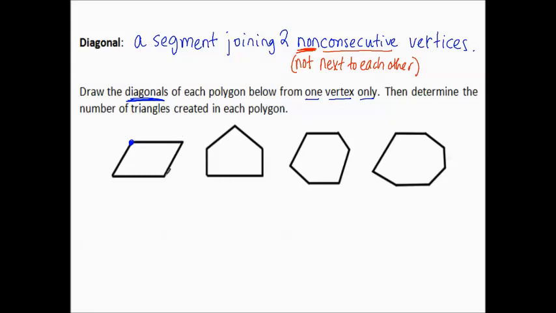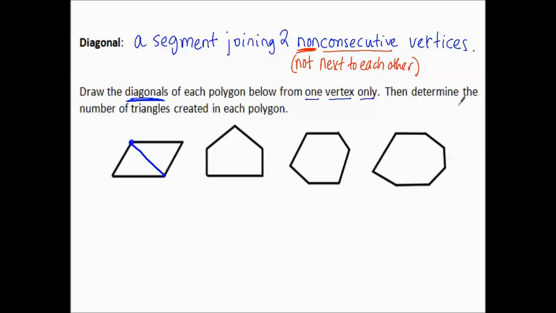Here is a vertex not next to this other vertex. Therefore, if I trace from this vertex to this vertex, I am creating a diagonal because I am not going to the consecutive vertex, I'm going to the non-consecutive vertex. Now that's the only one that I can draw in this four-sided polygon, this quadrilateral, and that's all that I was asked to do from one vertex only.